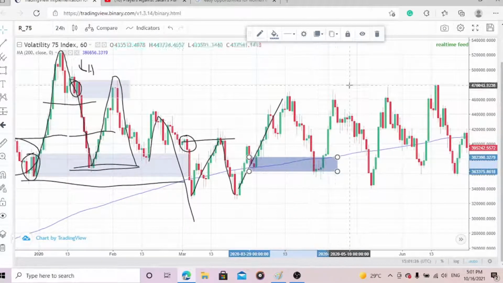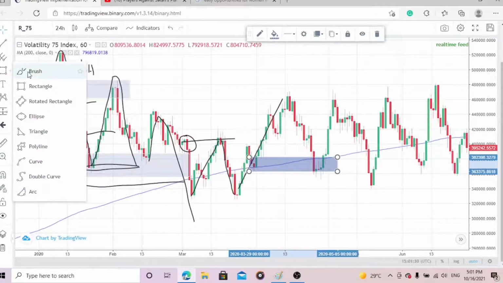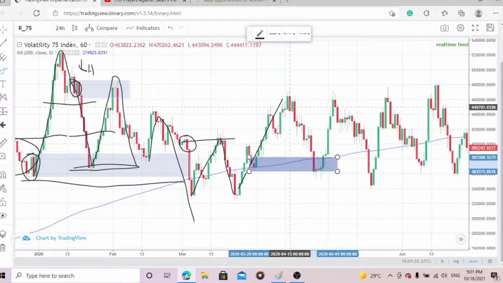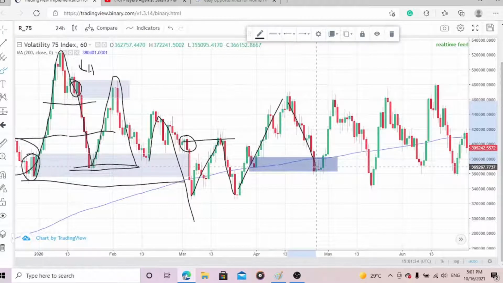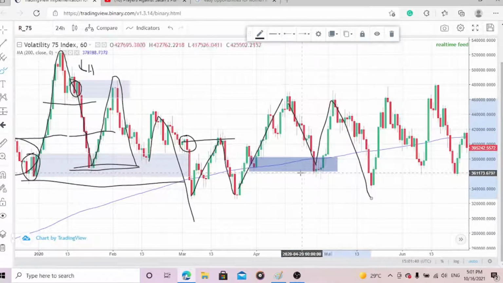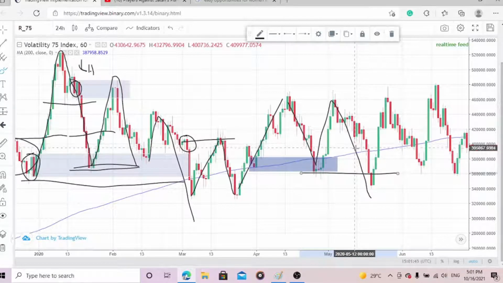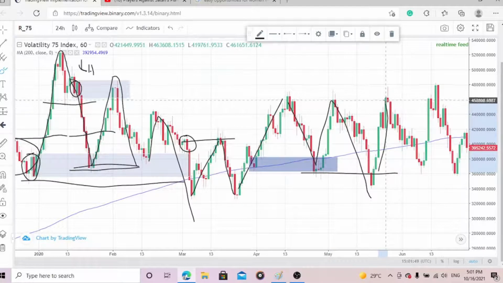The market reacted and went up. You see, the market came back, reacted to the order block, went up, came back down, breaking these lows, and then went back up.